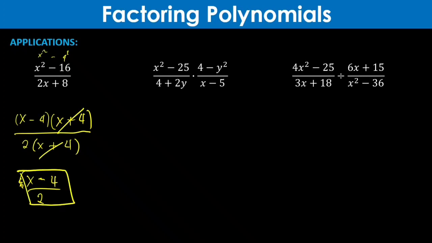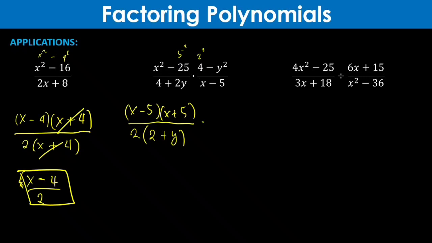Okay, for this one, this is a difference of two squares because 25 is 5 squared. So that is x minus 5 and x plus 5. And then this is 2 squared. Let's deal with this one first. So common is 2. That's 2 plus y.